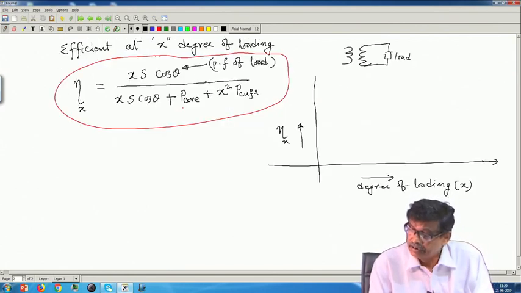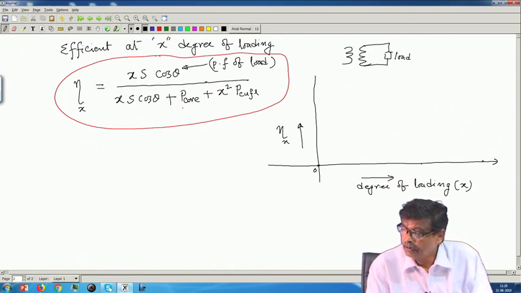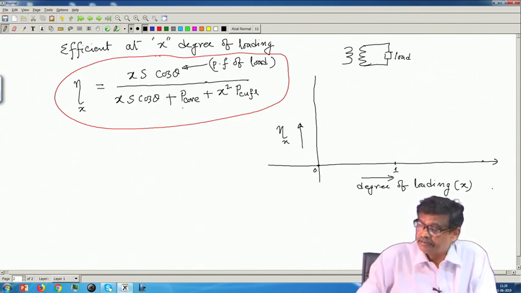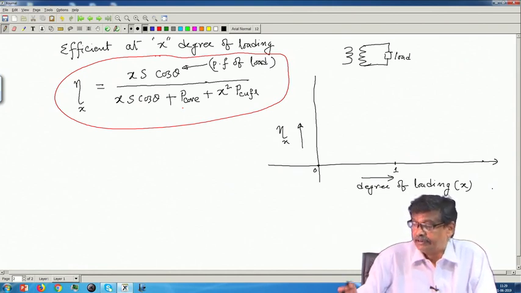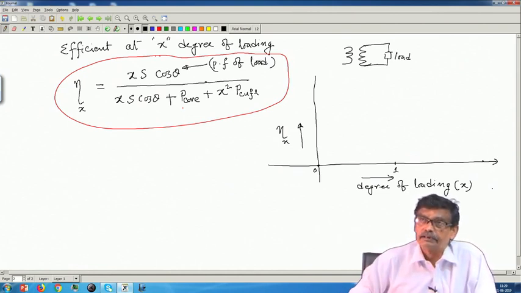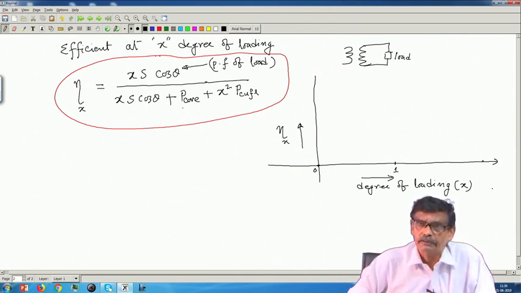Therefore, it looks like the domain of x will be from 0 to 1. If you exceed the value of x greater than 1, that means the transformer is overloaded.